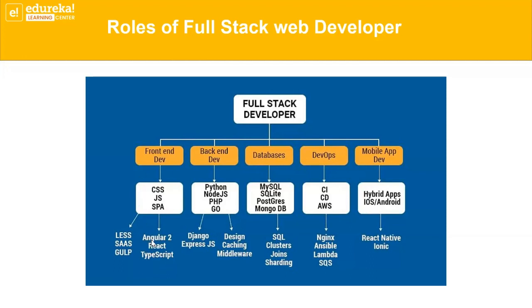Whereas with the backend, you will be utilizing technologies like JavaScript at the backend with the Node.js platform, Python, PHP, Go, and Express.js to build up the server, and designing mechanisms to handle logging, authentication processes, or caching as a backend role.